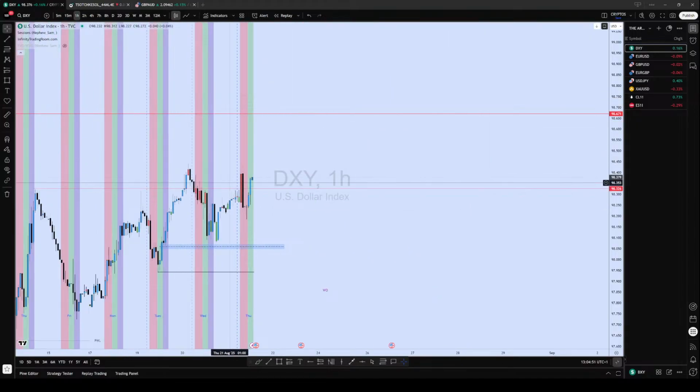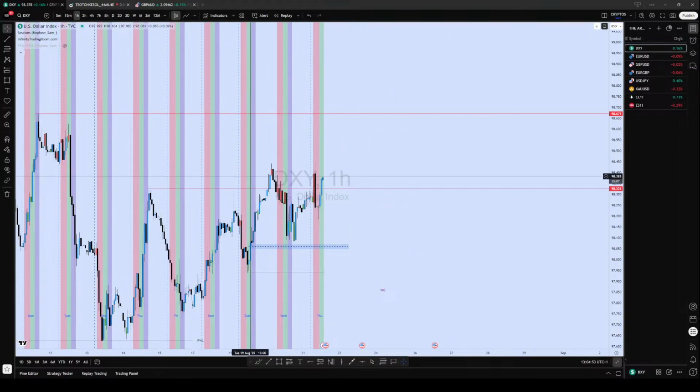So starting with the dollar index, as I mentioned, I am looking for higher prices. The 98.67 level is the upside objective, so we are expecting price to reach for the 98.67 level.